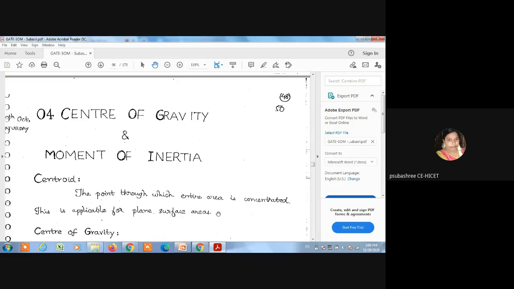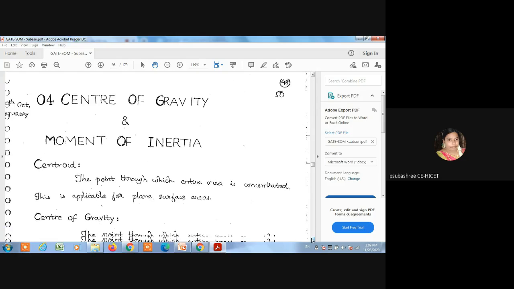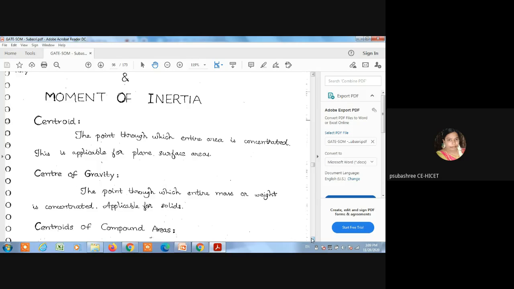You have already studied this in engineering mechanics, mechanics of solids. Define centroid: the point through which the entire area is concentrated. Centroid means the point through which the entire area is concentrated.